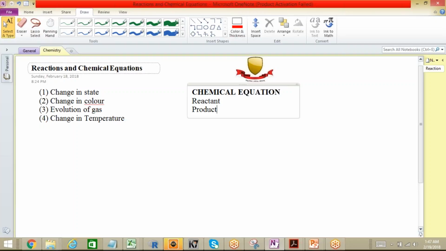The substances that undergo a chemical change in a chemical reaction are called reactants. And a new substance formed during the reaction is a product. Now there is a term called a balanced chemical equation.